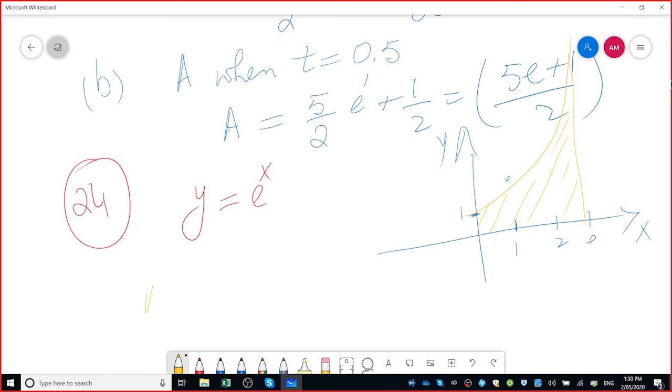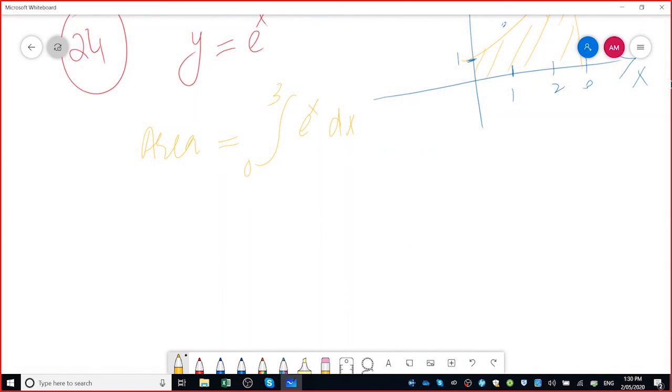So how to do this then? The area is equal to the antiderivative, with upper limit 3 and lower limit 0, of e of x dx. That's easy.